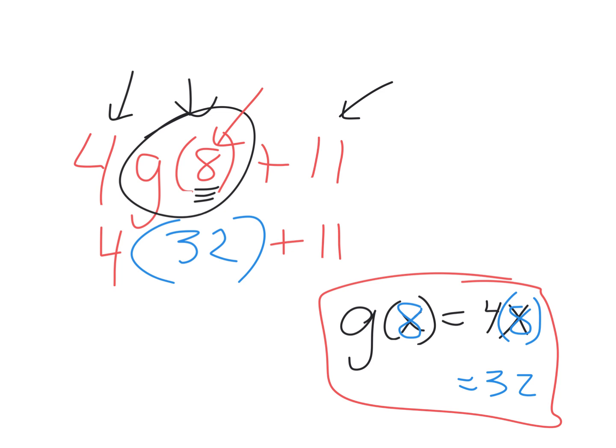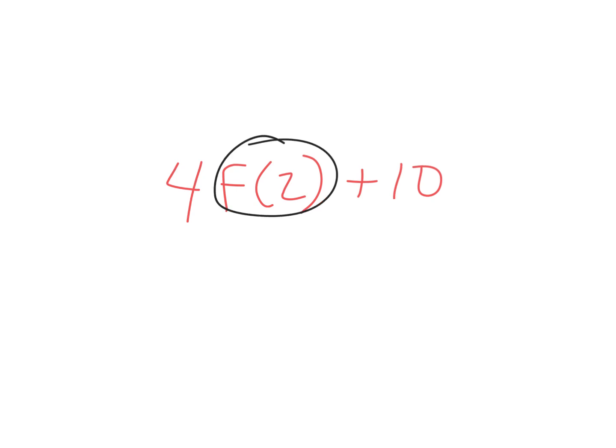Okay. So all I'm asking on this one is, what is the first thing you would need to do? Find f of 2. Yes. That's the first thing you do, is find f of 2. All right, so here's your f function.